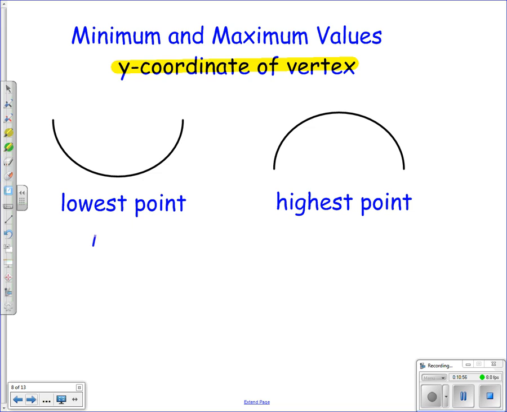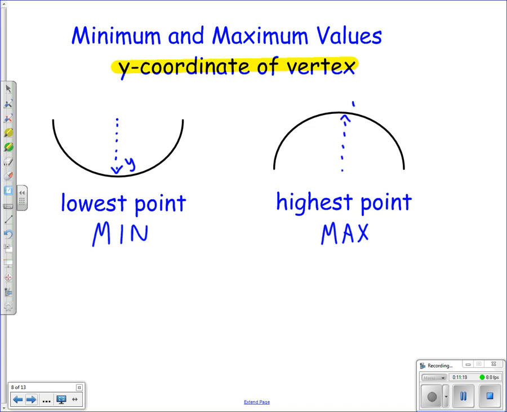The lowest point, the minimum, is how far down on the y do we have to go. So I don't care what the x is here in terms of my answer. I need the x to find my y, but my y is going to be my minimum point. Whereas the highest point is my max.